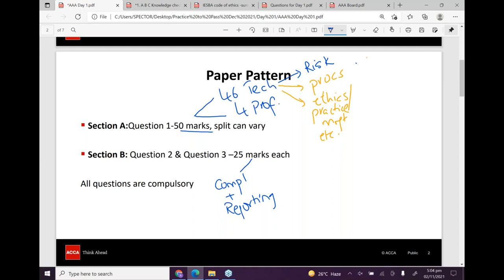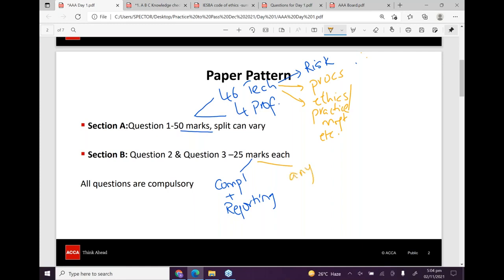Please understand, completion and reporting means, at the final level, problems you've found, further discussions that you might need to have, further procedures that might need to be performed, etc. So we are going to be covering completion and reporting on day 4 of this session. She has specified that at least one 25-mark question is going to be from the completion and reporting stage of audit. The second 25-mark question can be from any part of the syllabus.